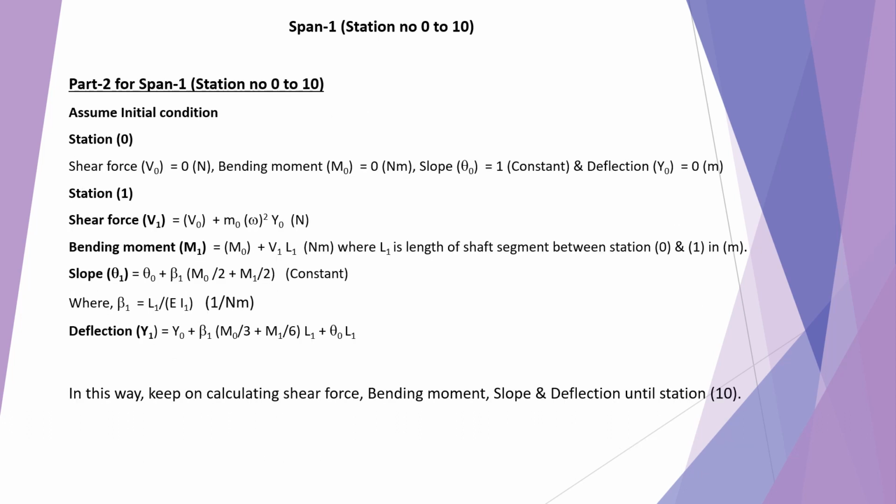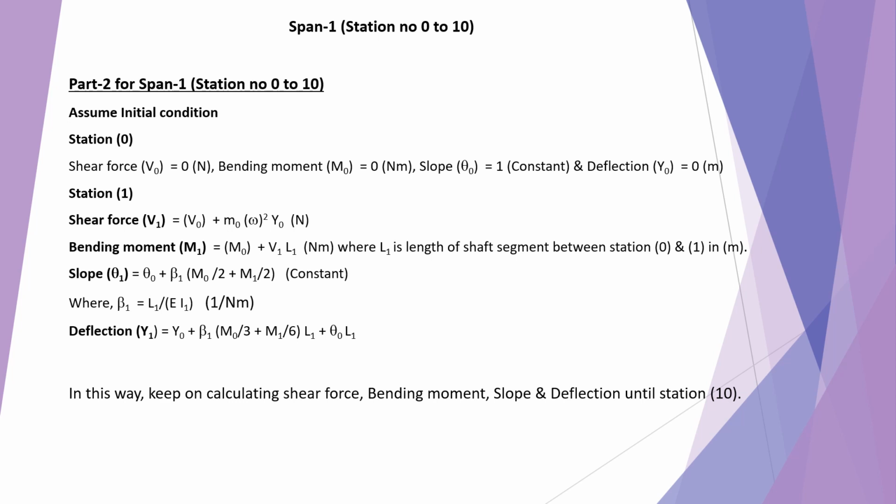Now the same span 1 for part 2. Initial assumption at station 0: shear force V0 is 0, bending moment M0 is 0, but slope theta 0 is 1, and Y0 is 0. At station 1, shear force V1 is equal to V0 plus M0 omega square Y0. Bending moment M1 is equal to M0 plus V1 L1.